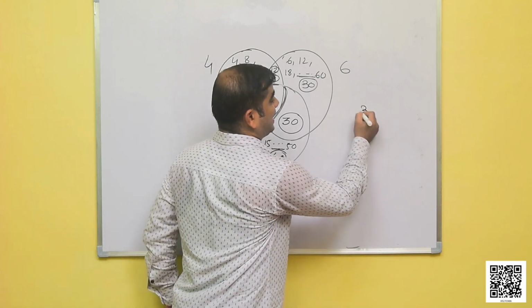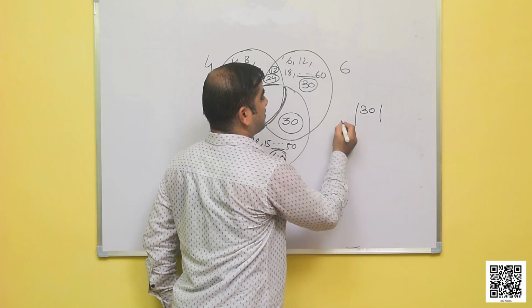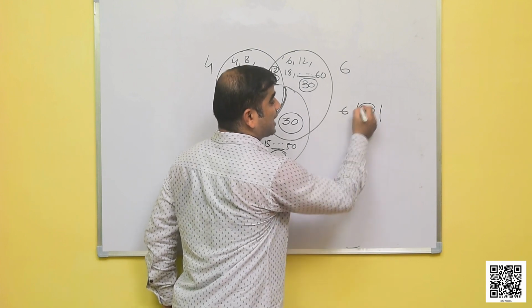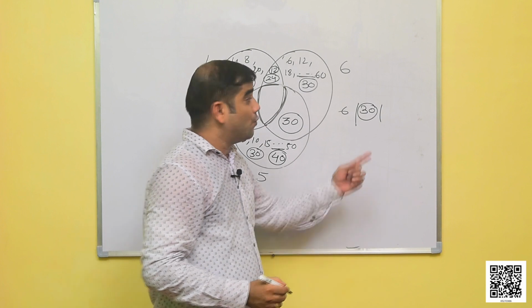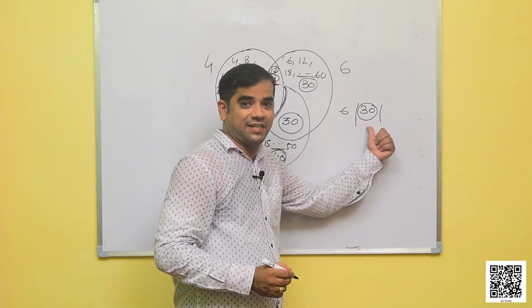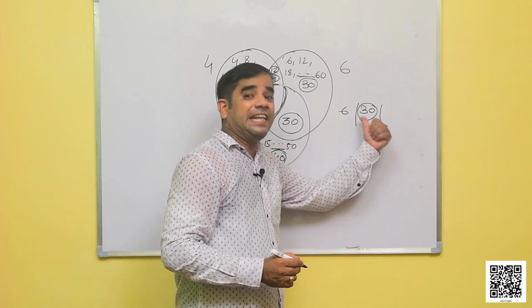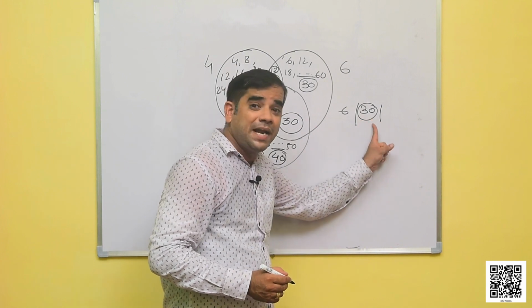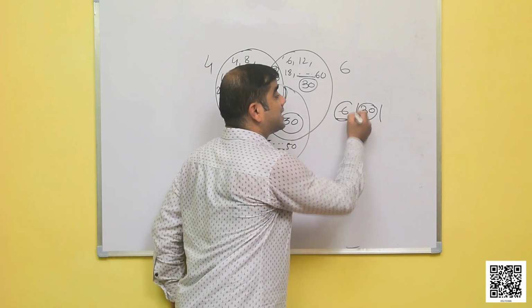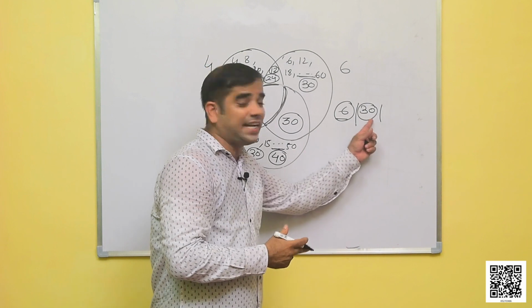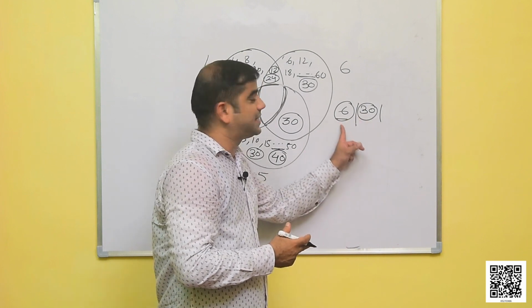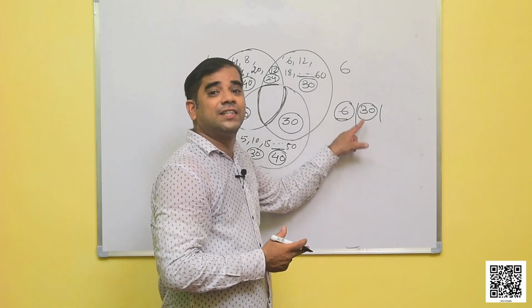Just like 30 is completely divisible by 6, so 30 is the multiple, which is the dividend in this case. Again, 30 is the dividend, and it is completely divisible by 6, which is the divisor. So 30 is the multiple of 6 and 6 is the factor of 30.